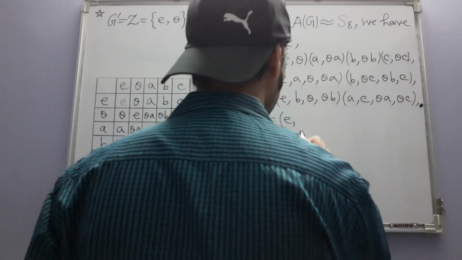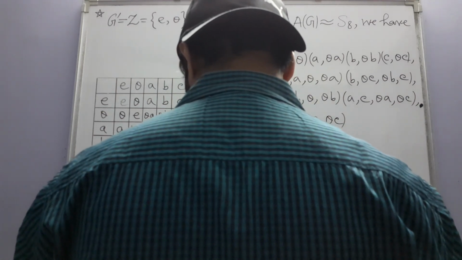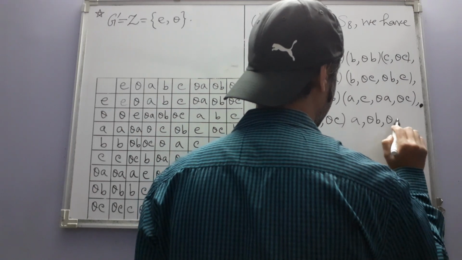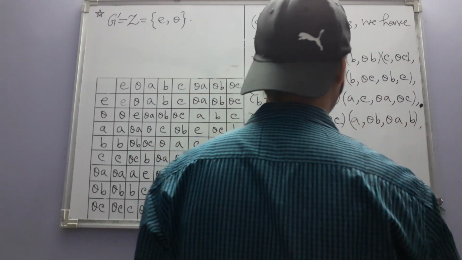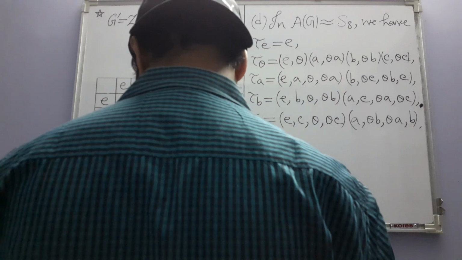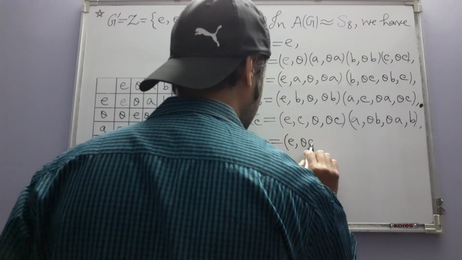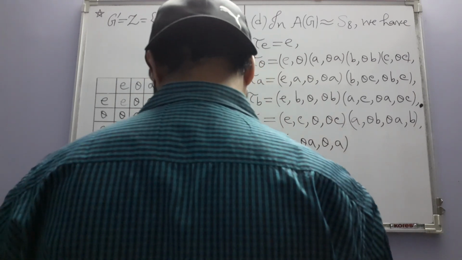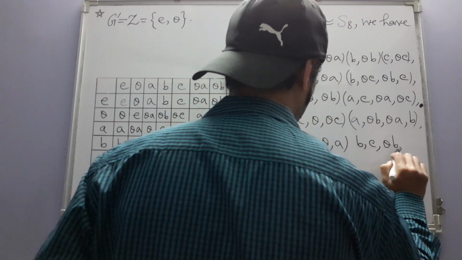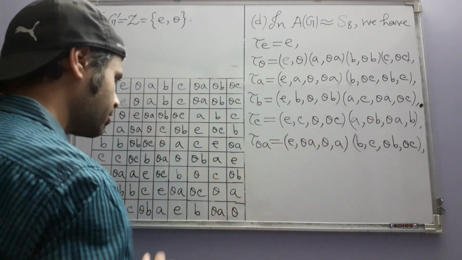E C theta theta C. A theta B theta A B. Then tau theta A. This one is E theta A theta A. Then B C theta B theta C. Not only should we get the symbols correct, but we should get the orders also correct.